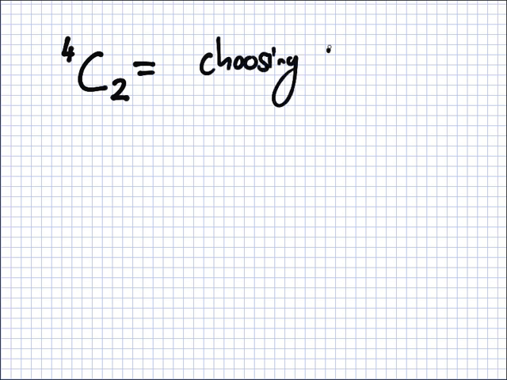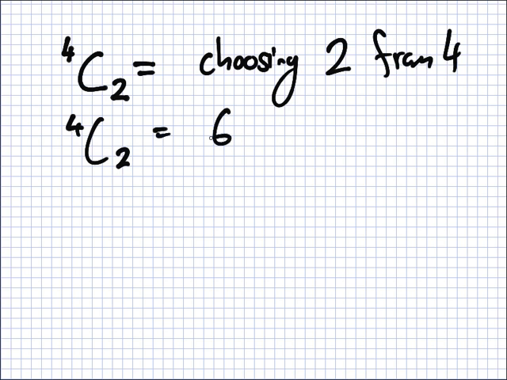You can do this calculation with nCr on the calculator. That will calculate choosing 2 from 4. So if you type in 4C2, what do you get? You get 6, which is the answer we got when we listed all the possibilities. 4 choose 2 is 6.